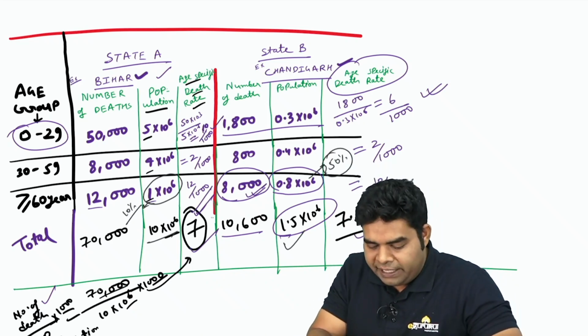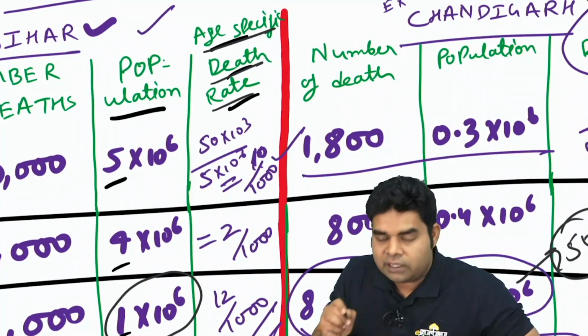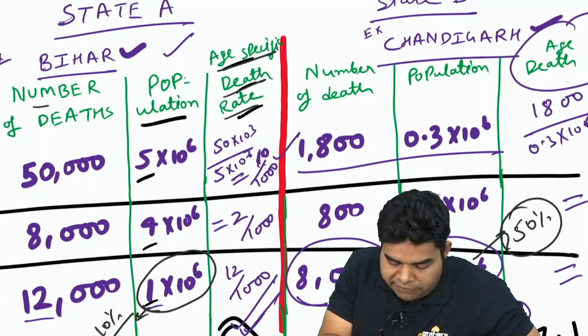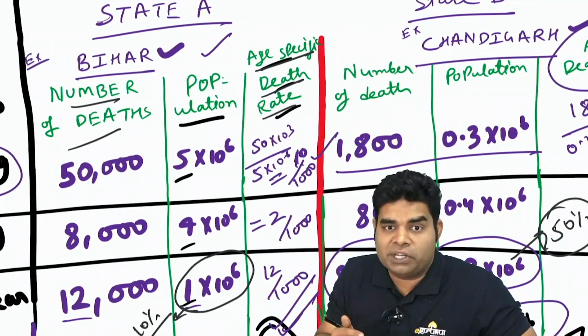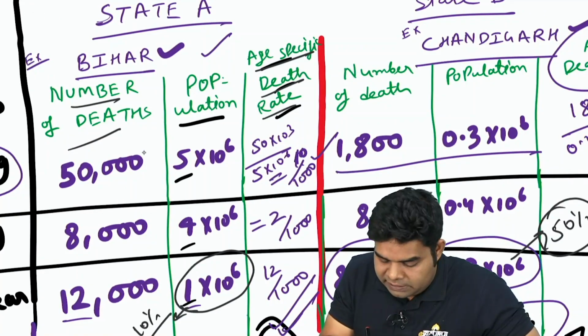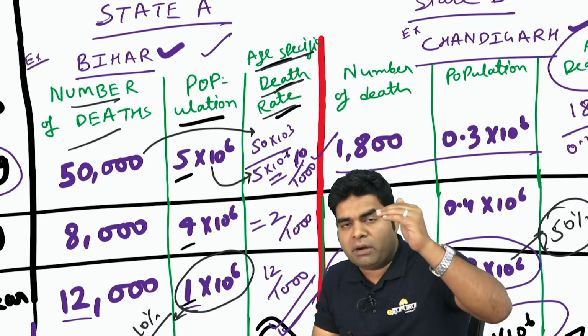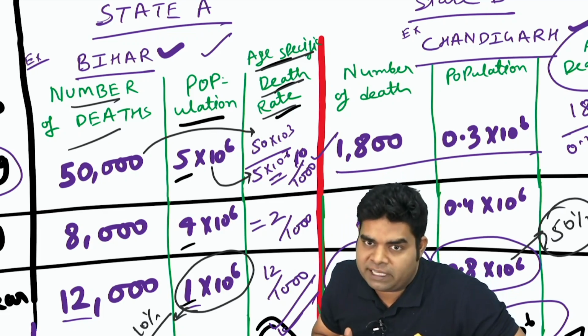How do we find the age specific death rate? We simply divide the number of deaths in that age group, 0 to 29, by the total population. So the number of deaths is this one, the total population is this one. If you divide the number of deaths by the total population for that age group, you will get the age specific death rate.